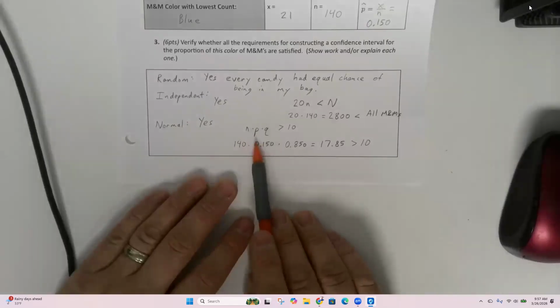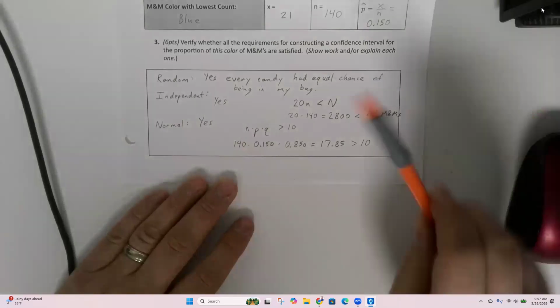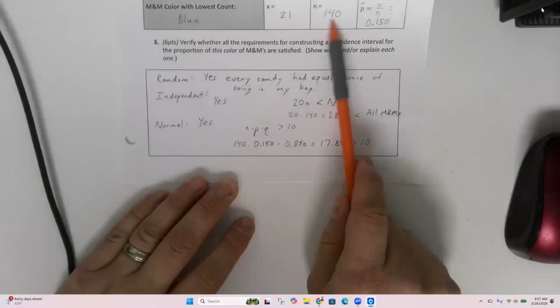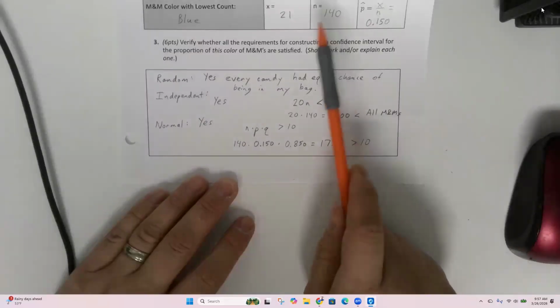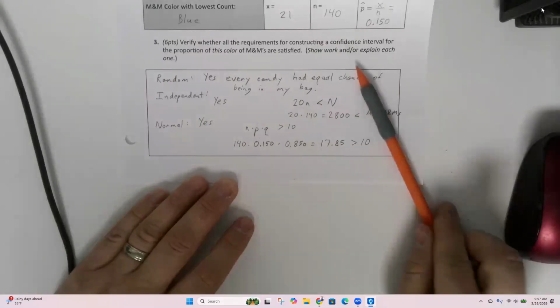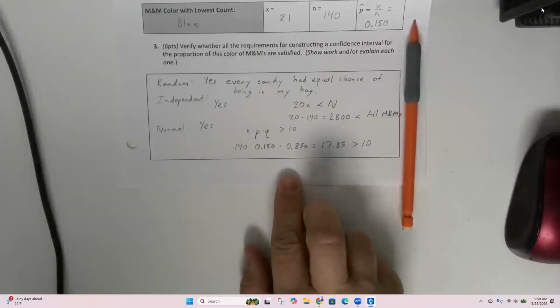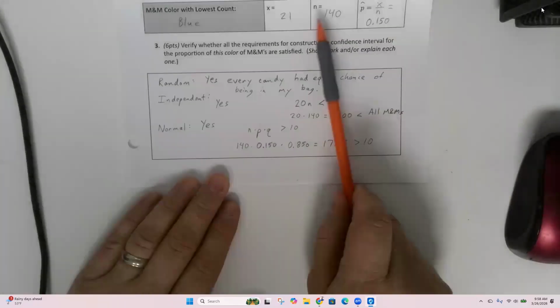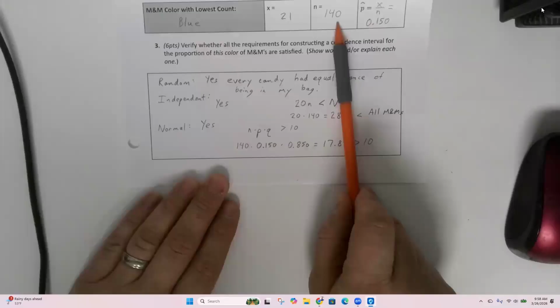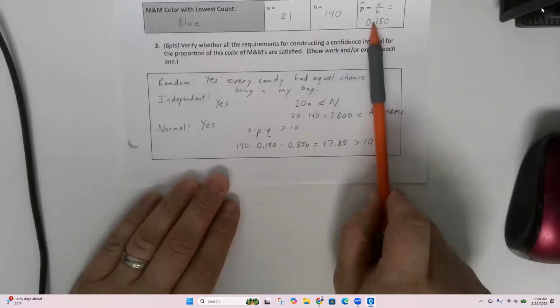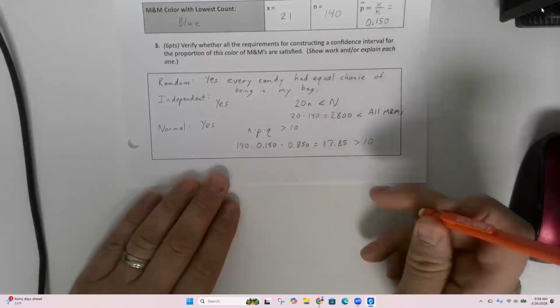I'd mentioned the example of commercials. Here, a sample size of 140 for me was fine. But if I was an advertising company and I wanted to see the effectiveness of my commercial, I'm going to need a huge sample size. My p hat, my p value, is the probability that someone will purchase my product after seeing my commercial.